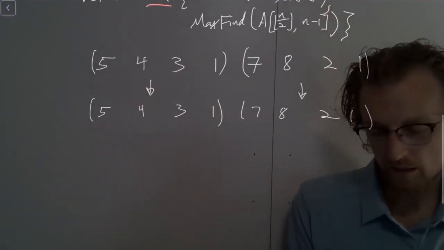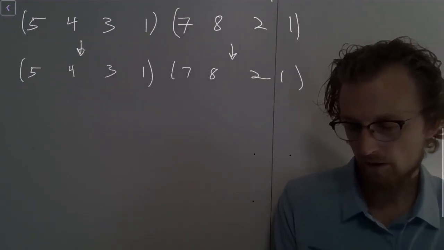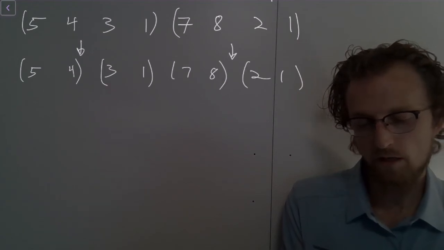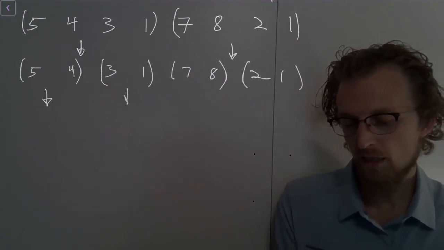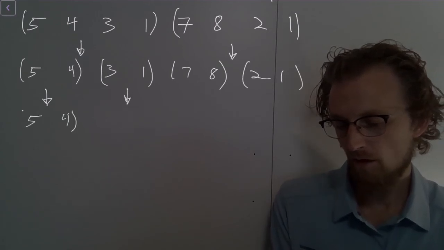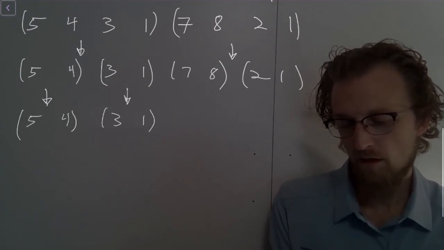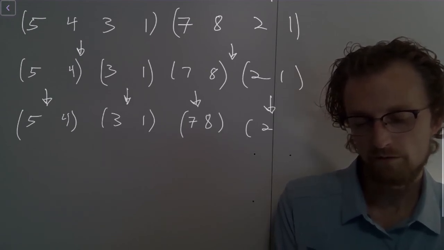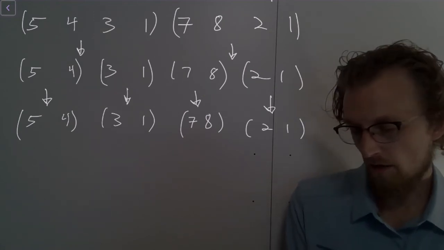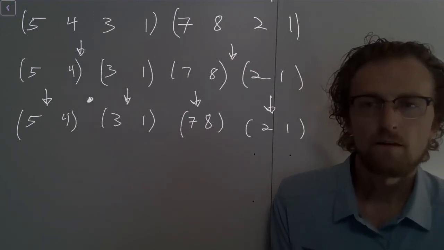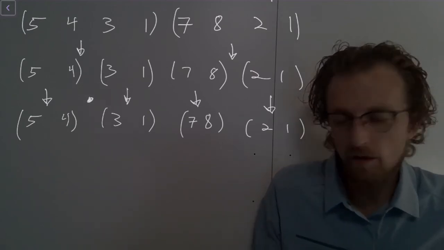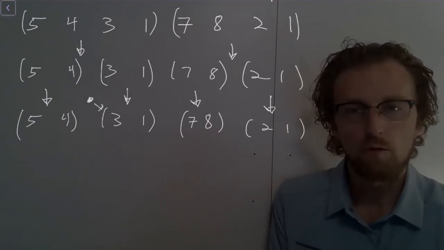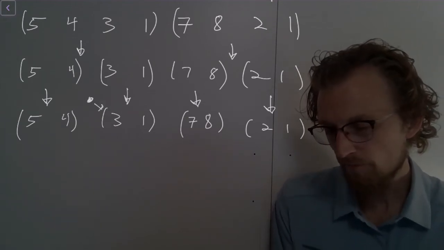But what it would do next is it would say, hey, look, I've got this array on the left, and I'll split that into 2, and I've got this array on the right, and I'll split that into 2, and I'll send this one down, 5 and 4, and then I'll send 3 and 1 down, and then I'll send 7 and 8 down, and then I'll send 2 and 1 down, and I'll ask, if I'm here, which of these has the larger number, and give me the largest number in that one. And then to this call, you'd say, which has the largest number, and give me that one, and so on.